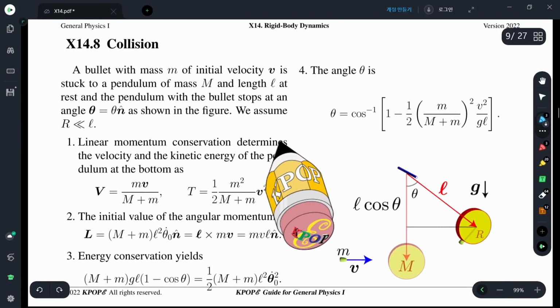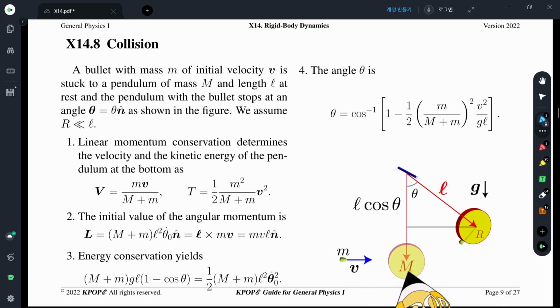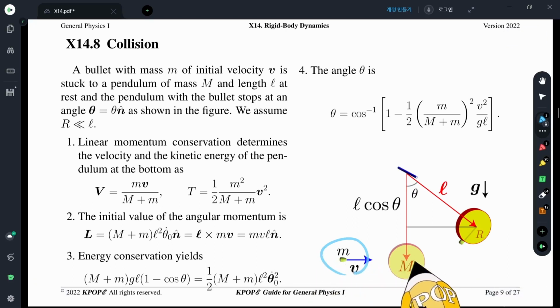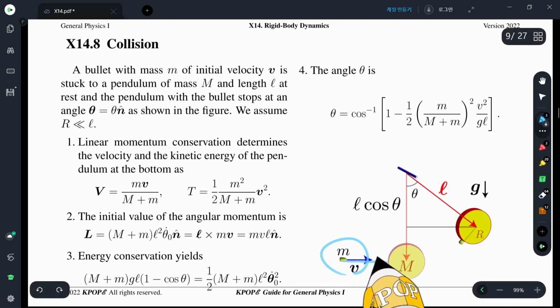We can extend this idea to consider the collision. This is a completely inelastic collision of a bullet. It does not penetrate, it just enters into the body of this pendulum.